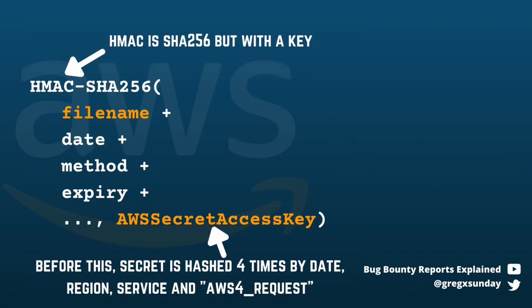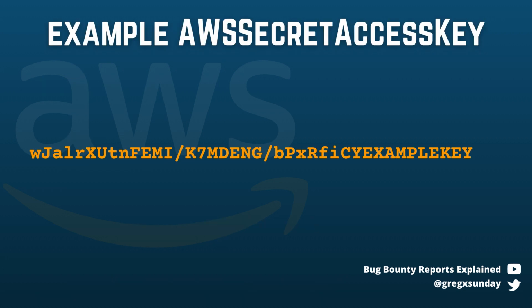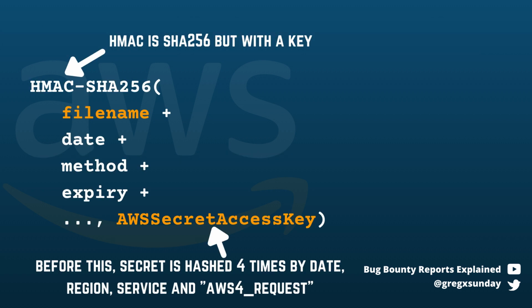To create it, the server uses a secret key which, as the name strongly suggests, is secret and not present in the link. It is 40 characters long and the signature uses SHA-256. The brute force of this would take ages, so for sure we will not be able to generate our own valid signature.